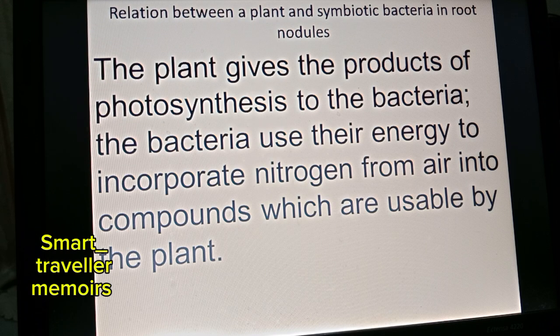The plant gives the products of photosynthesis to the bacteria. The bacteria uses their energy to incorporate nitrogen from air into compounds which are usable by the plant.